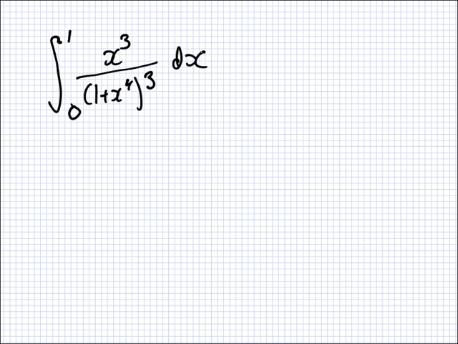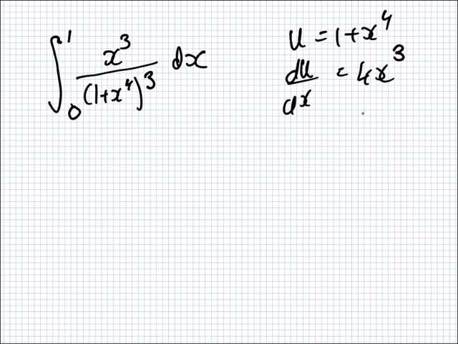So, I want to integrate. Now, don't forget we have numbers here, 0 and 1. x cubed over (1 plus x to the power 4) cubed dx. And I think they actually tell you u is 1 plus x to the power 4. So that means du/dx is 4x cubed, so dx is du over 4x cubed.